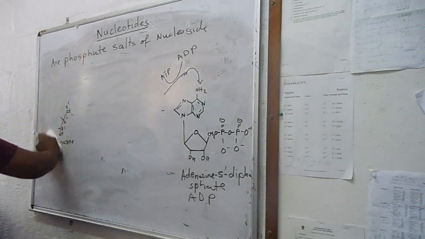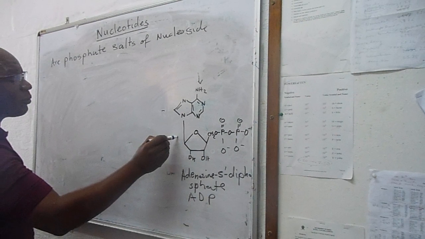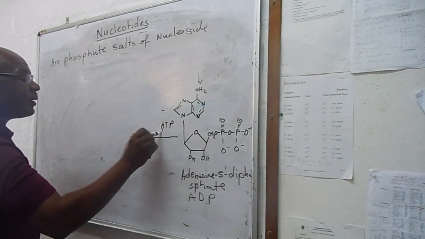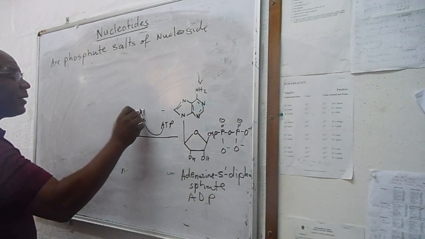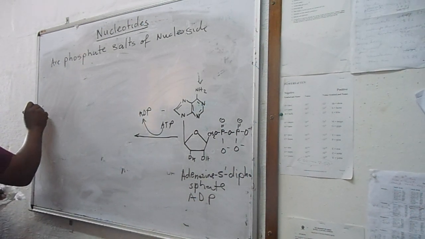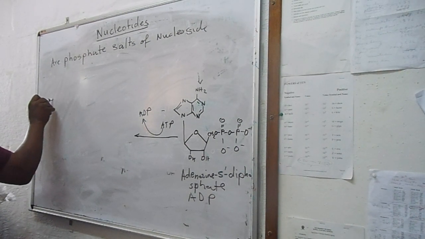We can also phosphorylate this structure. Again, ATP is converted to ADP. It's an enzymatic reaction, and then we produce another nucleotide.